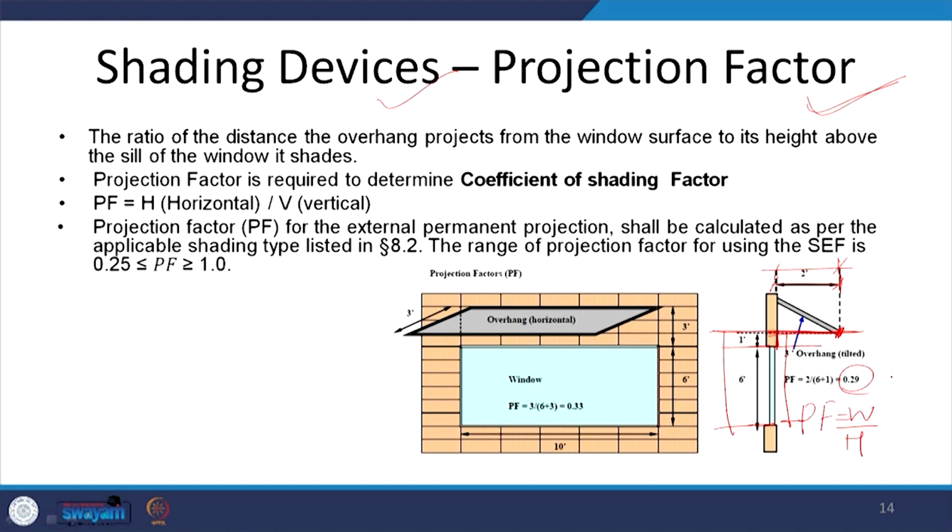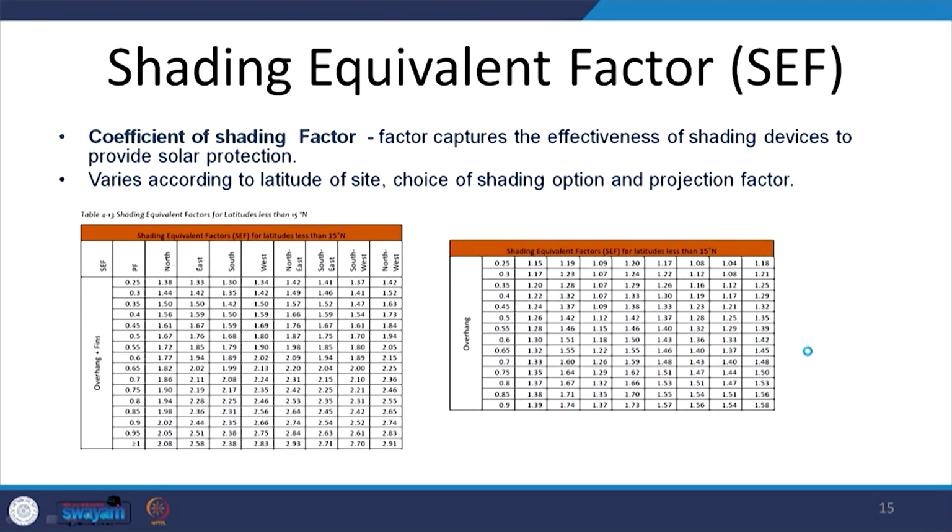Now, whenever we have a projection factor, as we have seen in the previous lecture as well, it will limit the amount of sun which is falling directly onto the window, the glazing, fenestration. So, this portion of the sunlight has already been cut off. To account for this projection and the shading provided by this shading device, we take into account the shading equivalent factor.